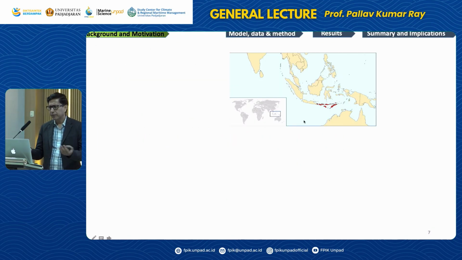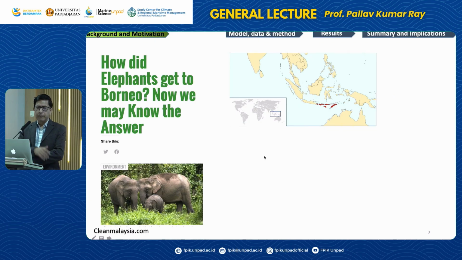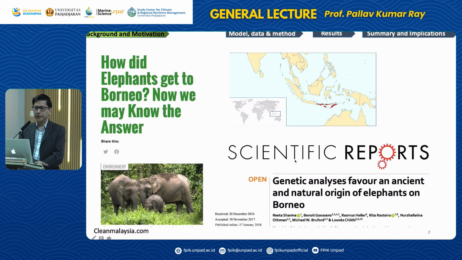So the motivation of the first part comes from elephants in the maritime continent. One question that people get is, how did elephants get to Borneo? And this is a really interesting paper that came out a couple of years back where they looked into the origin of elephants, correct?